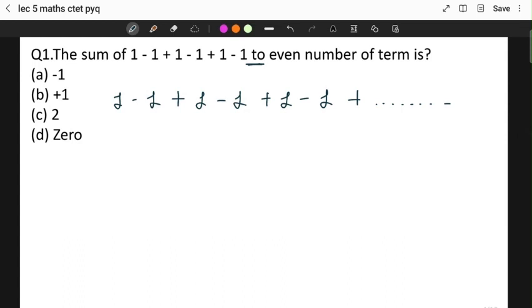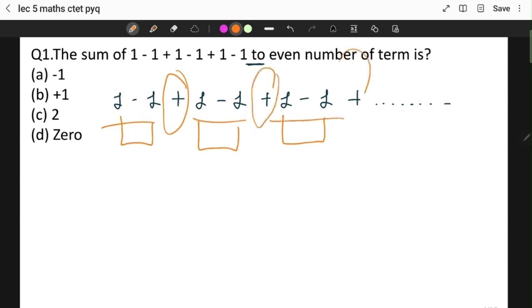So if we look at the given sum carefully, we can clearly see that they have made pairs of 1 minus 1 and are adding these pairs together, that is 1 minus 1 plus 1 minus 1 plus again 1 minus 1 plus 1 minus 1 and so on.